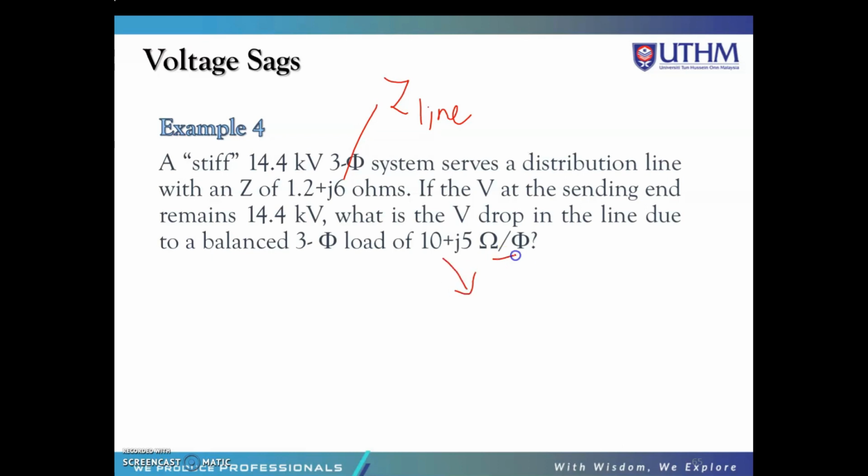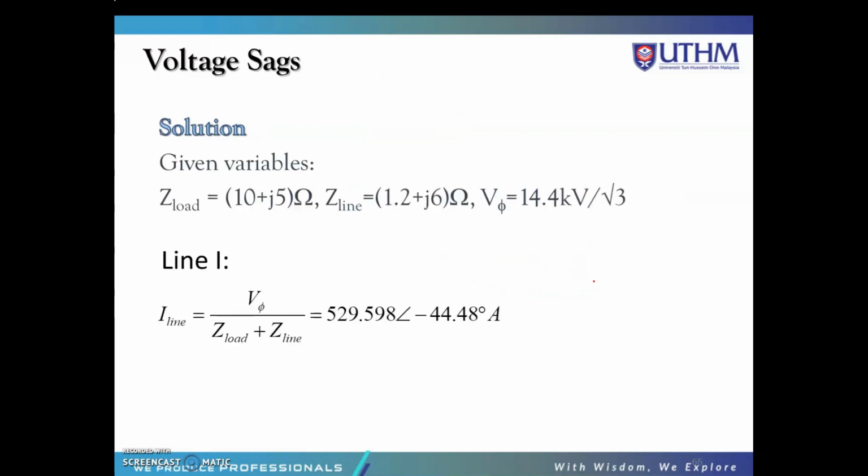This is the Z load. Given variables: Z load is 10 + j5 ohms, Z line is 1.2 + j6 ohms, and V phase is 14.4 kilovolts divided by √3.